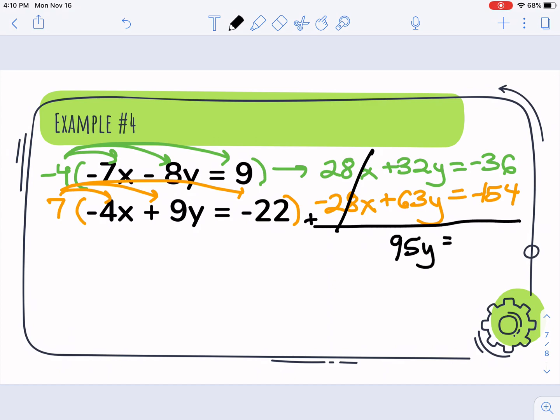And so we're going to set 95y equal to negative 36 plus a negative 154, which is negative 190. Now we can divide both sides by 95. And we get y equals negative 2.